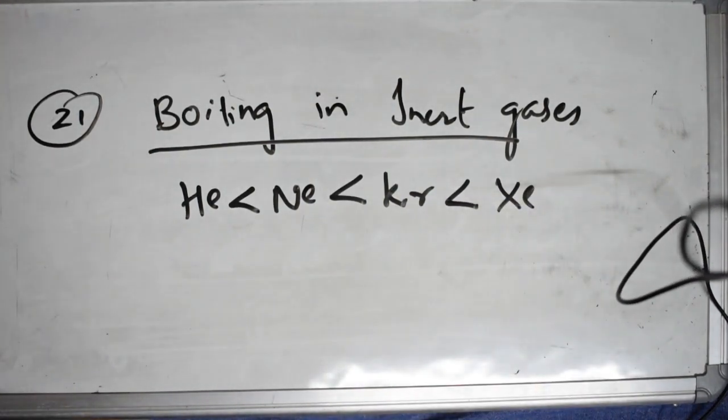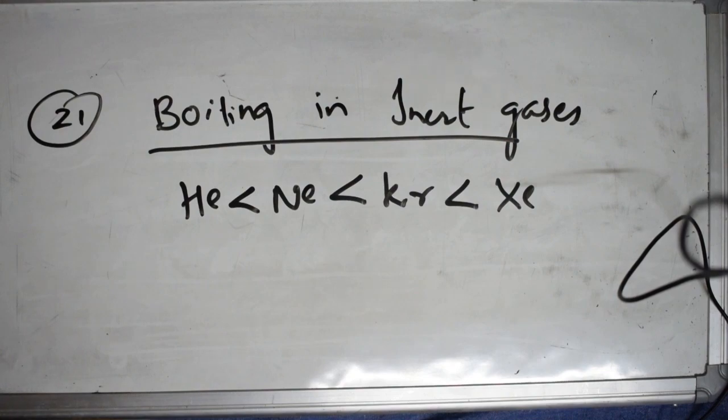This is the order of boiling point for inert gases. If they give you this in the exam, don't get confused. This is an order trick. Directly write this order and finish, because they may ask which inert gas has the higher boiling point.